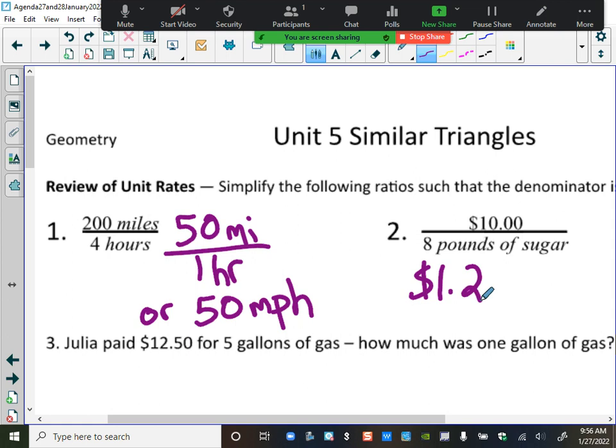And a lot of times you see in the store /LB, per pound. You see that often in the supermarket, right? Like at the deli counter or the produce stand, they say tomatoes, I don't know, $1.59 per pound.